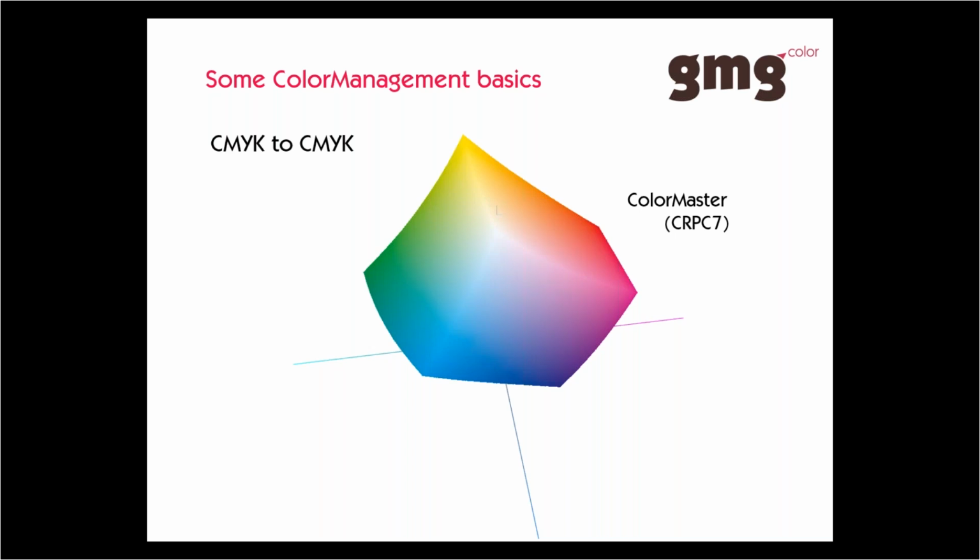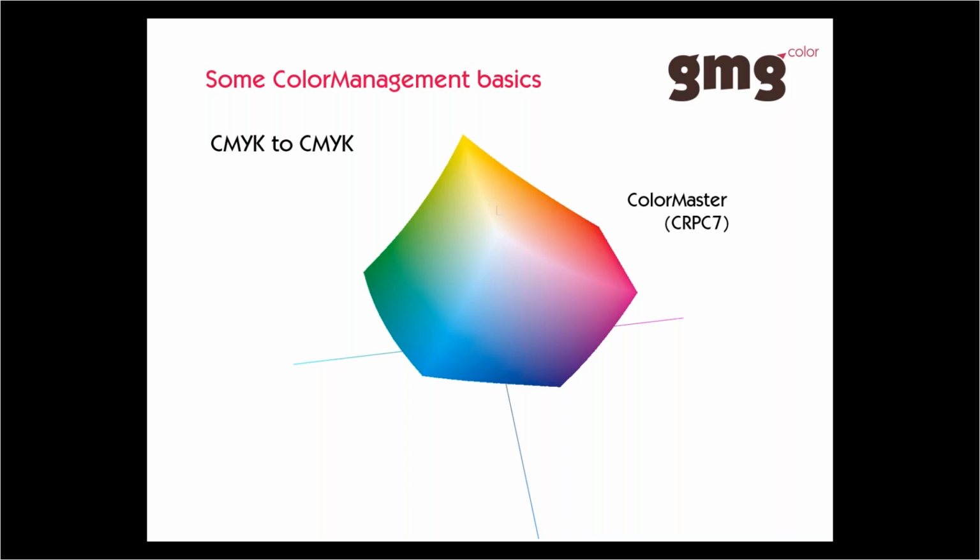Color Master was designed to be smooth and independent from the typicalities of offset or gravure printing. So kind of an average between these two printing technologies and their natural behavior. Color Master is large enough to cover all of the relevant standards from 4-color CMYK printing.